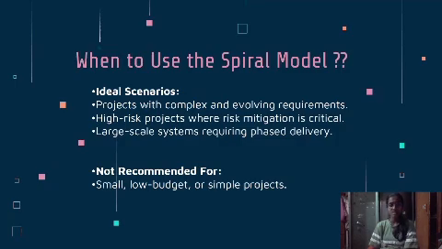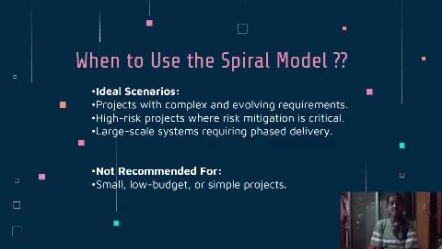High risk projects where risk mitigation is critical. So in projects in which, in the development phase, you need to predict the risks, and where risk assumption or analysis is very critical, you can use the spiral model.